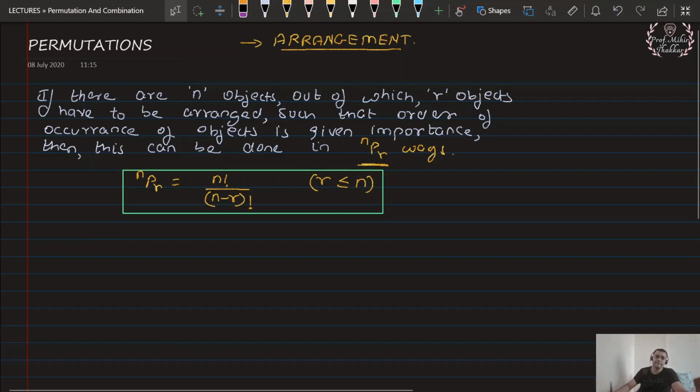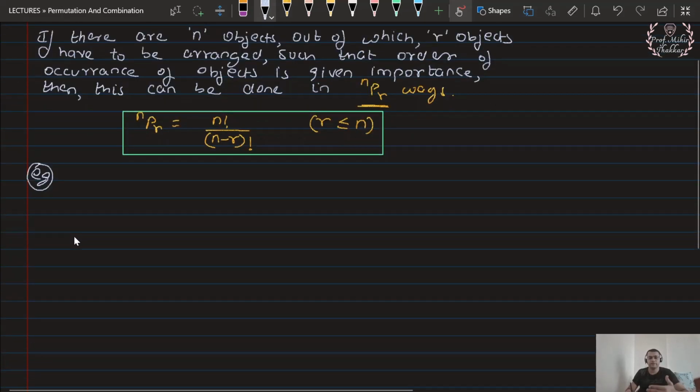Let us understand why it is like this with the help of a small example. Now when I am taking different examples, I am trying to consider different cases that we are going to come across in our different examples. So just understand all the examples and cases very carefully.